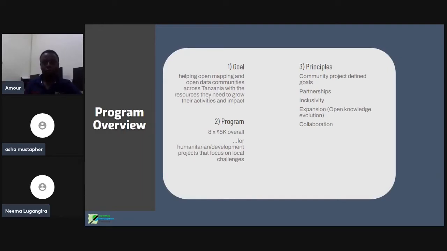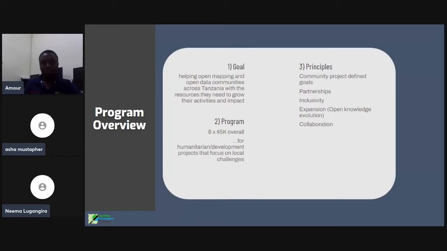As OMDTZ is among the humanitarian community working on the ground daily doing different mapping projects, we received this honor of supporting other local organizations here in Tanzania who might not even be seen by international donors. So our focus is to help these open communities here in Tanzania, supporting them and giving them more resources with which they can grow.